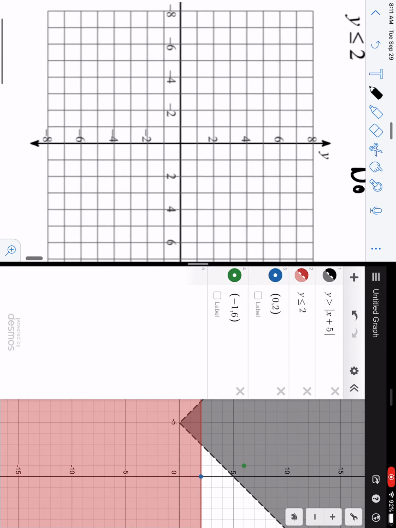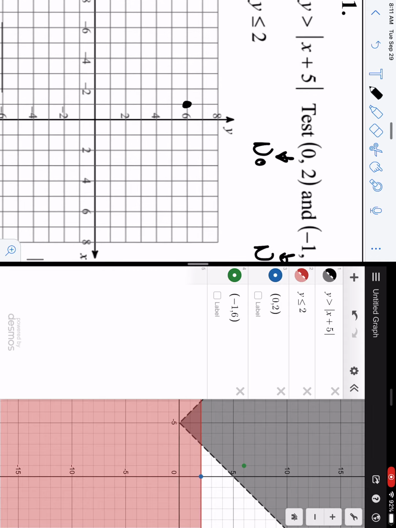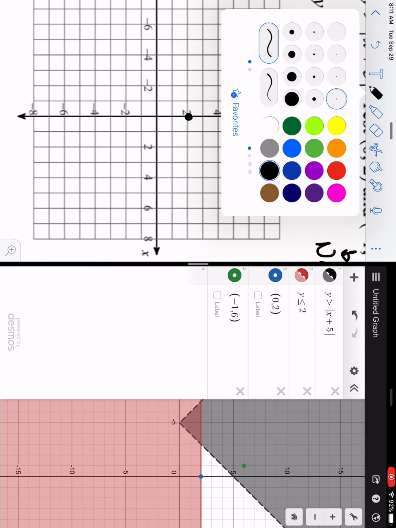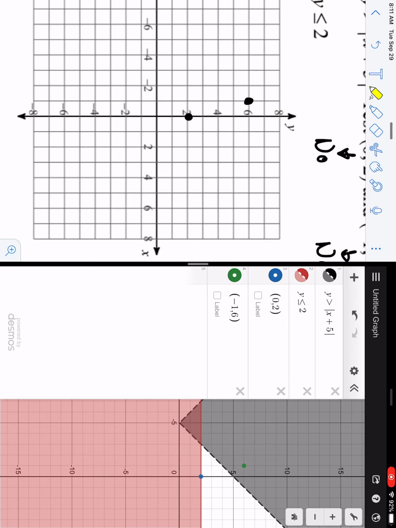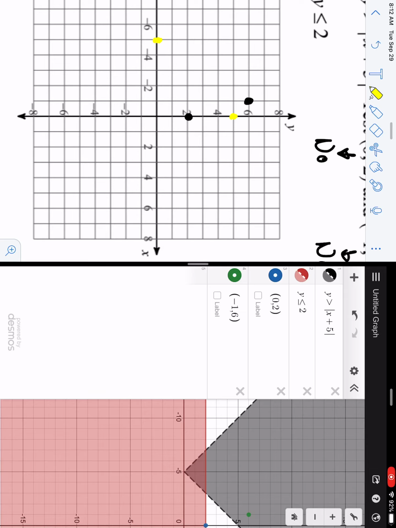And you can actually graph these if you want to. -1, 6, 0, 2. When you graph, make sure you get a couple of points. -5, 0, 0, 5, -10, 5.